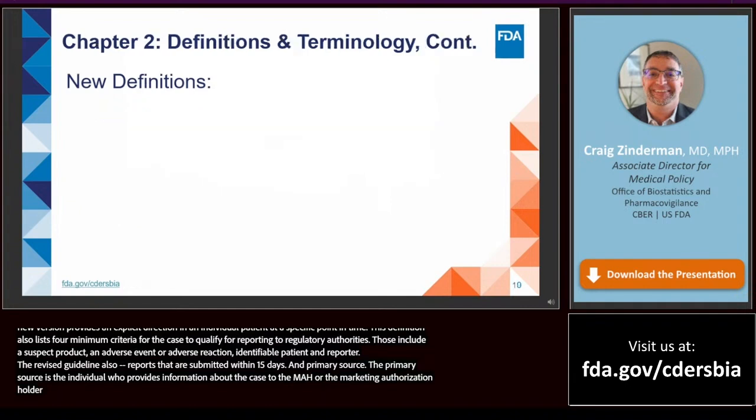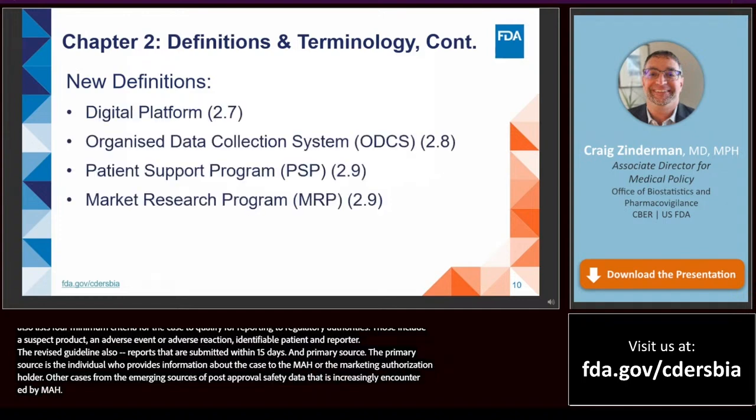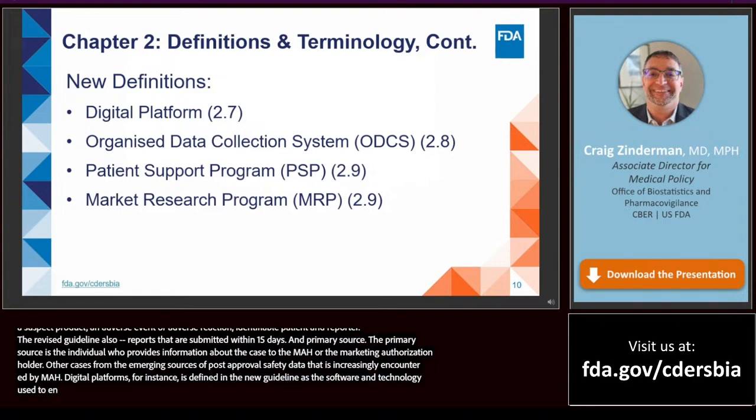Some other key definitions were added to support the management and reporting of cases from some of the newly emerging sources of post-approval safety data that are increasingly encountered by MAHs. Digital platforms, for instance, is defined in the new guideline as the software and technology used to enable transmission of information between users.